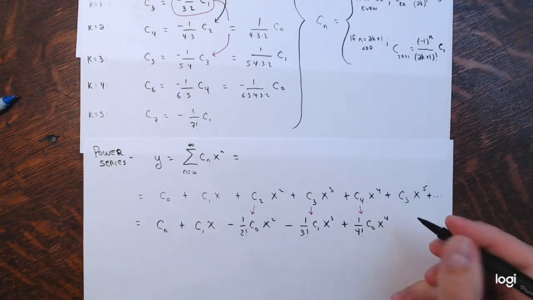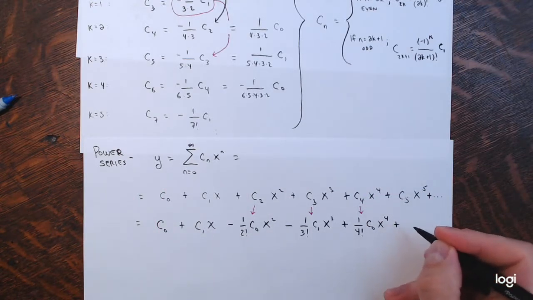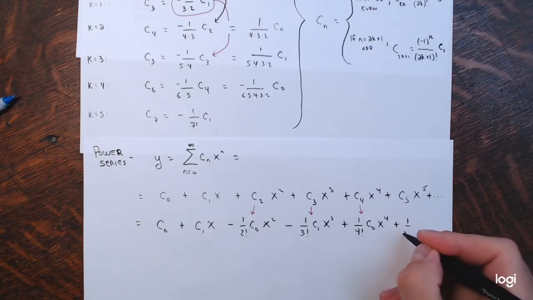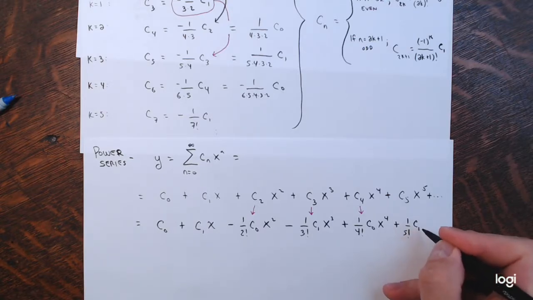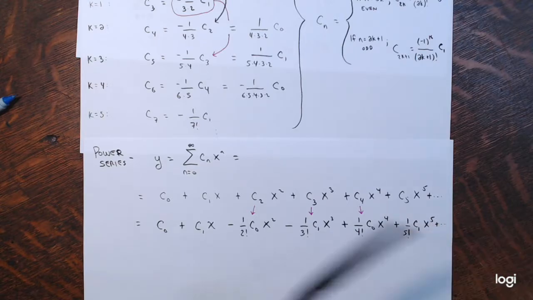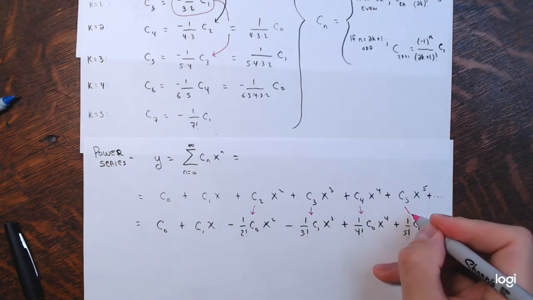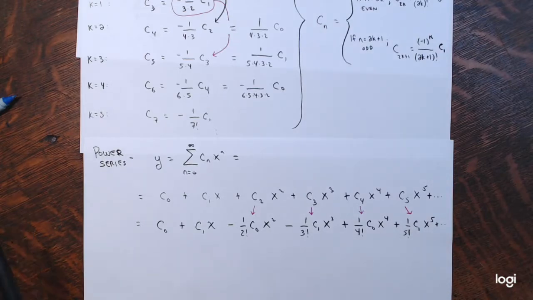And finally here, c5 was positive 1 over 5 factorial times c1, x to the fifth, and so on. And again, we have seen a pattern for both. Now I'm going to break it up.